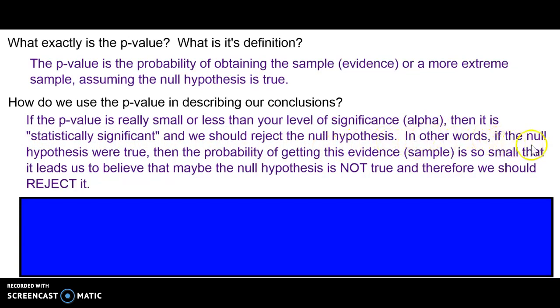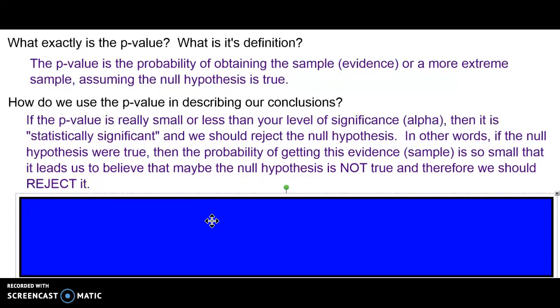So in other words, if the null hypothesis were true, then the probability of getting this evidence is so small that it leads us to believe that maybe the null hypothesis is not true, and therefore we should reject it.